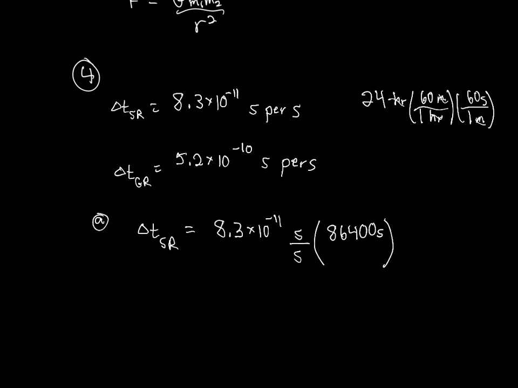8.3 times 10 to the negative 11 times 86,400. So what numbers do you guys get? Go ahead and plug it into your calculators. Make sure you can type these numbers in. 7.17 times 10 to the negative 6 seconds.